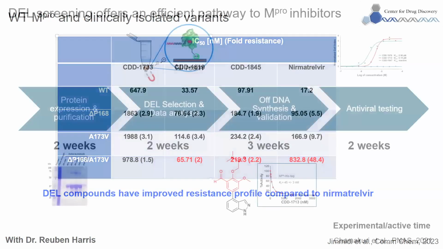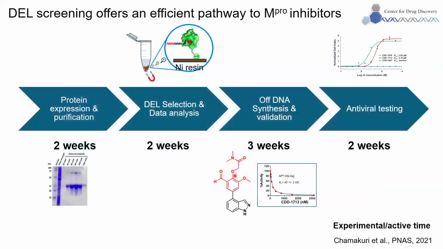So I just wanted to give an overview of how fast the rate of this hit identification process works. You see from start to end, it's somewhere less than 10 weeks, we were at a stage where we had a small molecule inhibitor validated in a biochemical assay as well as a cell-based assay, and a nice lead compound to work on further.